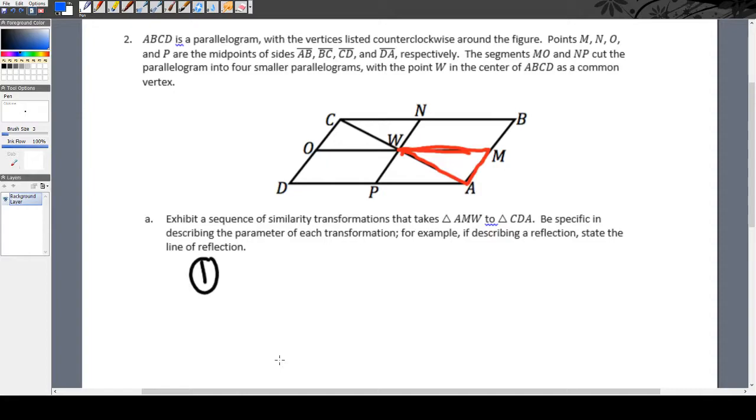The reason I'm doing this is because I want this red triangle to end up on the second half of the parallelogram, basically on the other side of the line CA. If I rotate it around center W, I can rotate it by about 180 degrees. Well, where is that going to put our triangle?